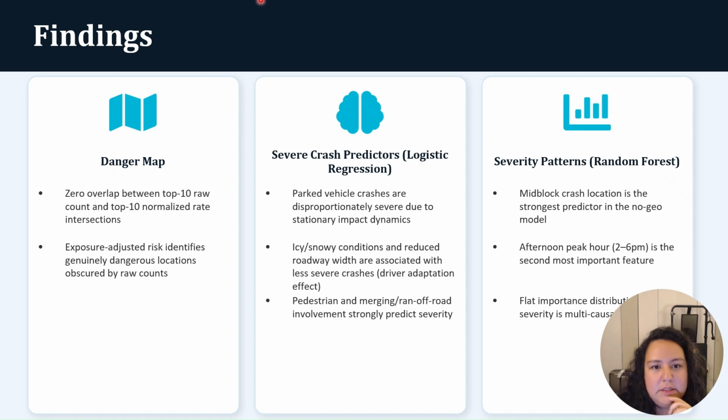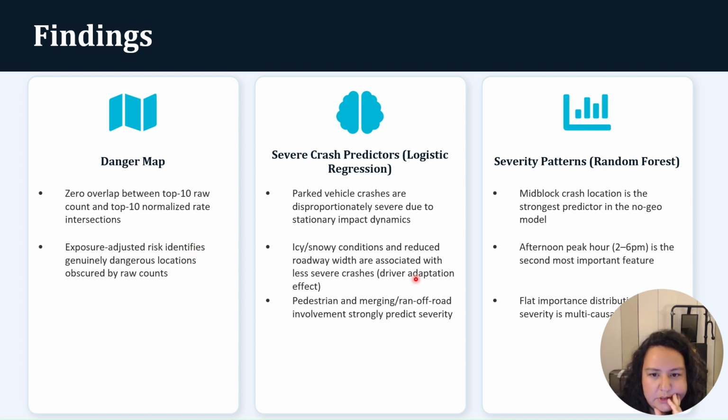So pulling everything together from the danger map, we had 0 overlap between the top 10 raw count intersections and the top 10 normalized crash rate intersections, which really validates the original premise of this project.